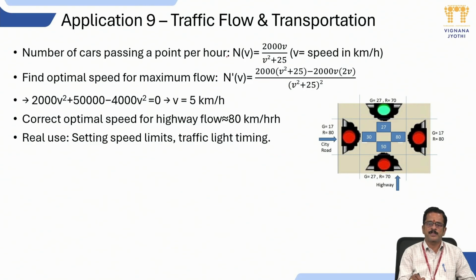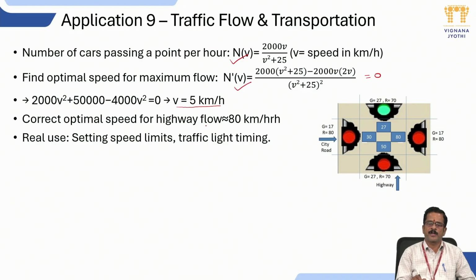This is the traffic function defined for the number of vehicles passing, whose derivative function is defined. If I make the derivative equal to 0, then we find the value v, 5 kilometers per hour, which we need to maintain at a traffic junction so that the traffic is cleared as early as possible.